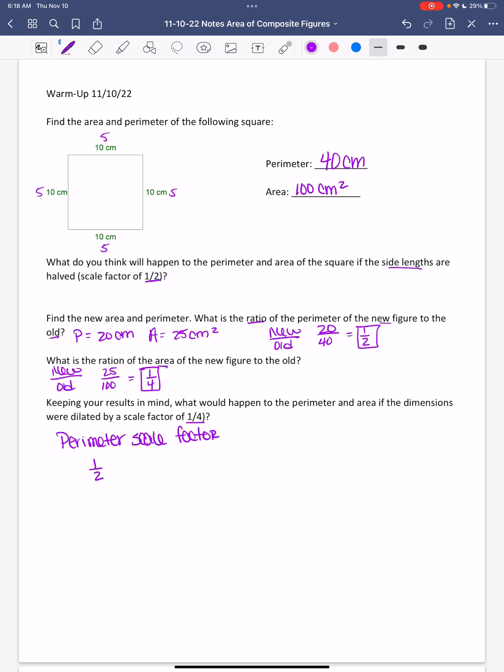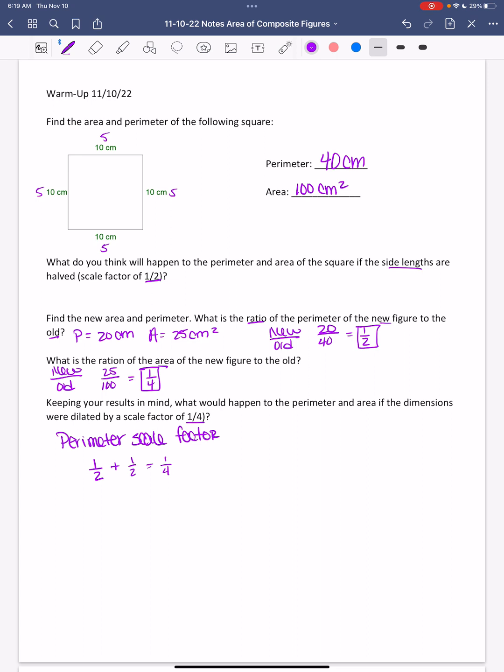So your original ratio is 1/2. You're going to add something to equal 1/4. And what that means, guys, is 1/2 plus 1/2 is going to give you 1/4. So what that is saying is that basically your perimeter is going to get smaller to 1/4.